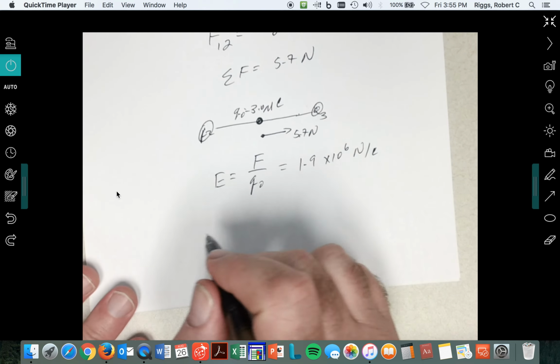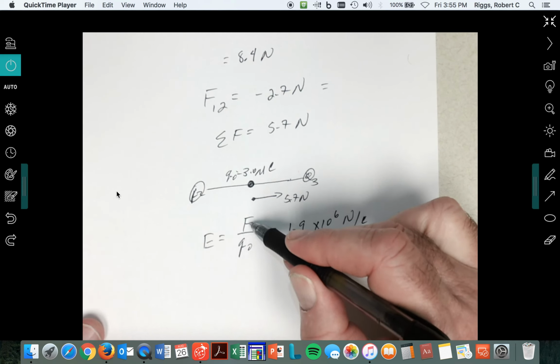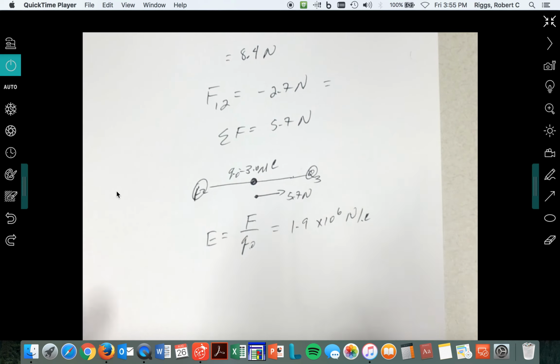I made you do this, and notice what we have. We've got a force, which is in newtons, divided by a coulomb. So we've got newtons per coulomb.